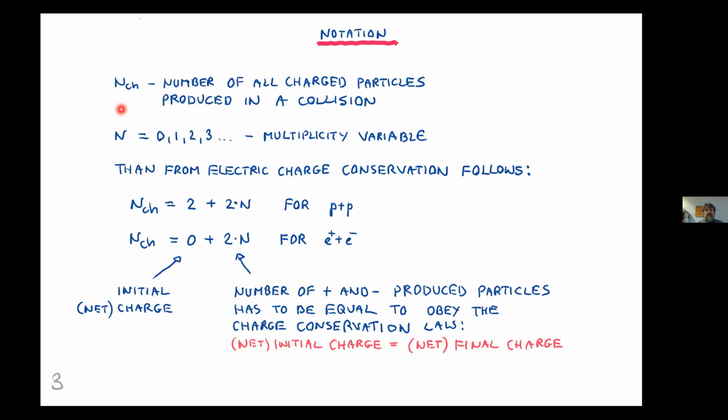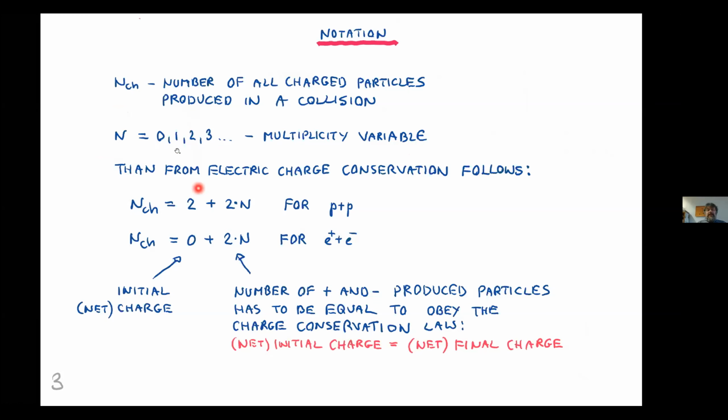So N_ch can change only by 2. You have to produce plus and minus particles in order not to violate the balance of charge. So it is useful to introduce a multiplicity variable, call it capital N, which can change by 1. It's a non-negative integer: 0, 1, 2, 3, and so on.